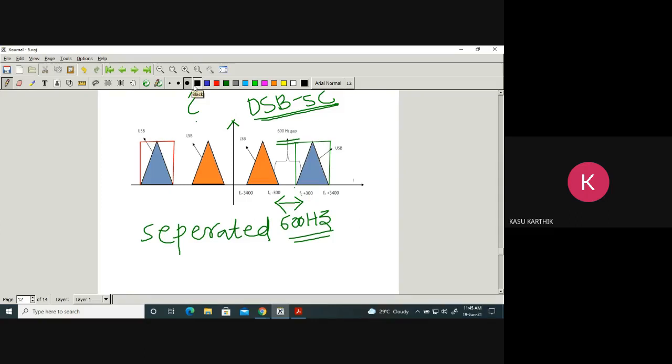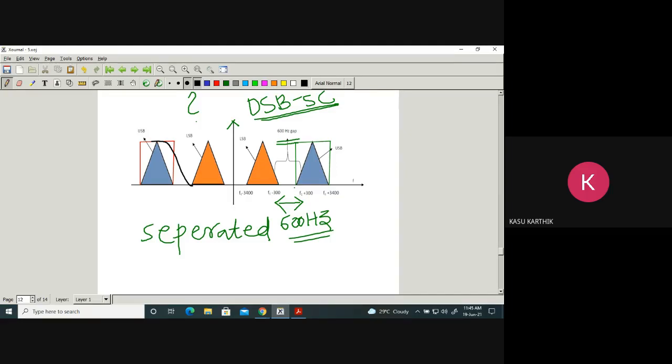Why? Suppose the filters have a little bit of transition, something like this. Still no problem, because they are separated in frequency. We have a gap between them.